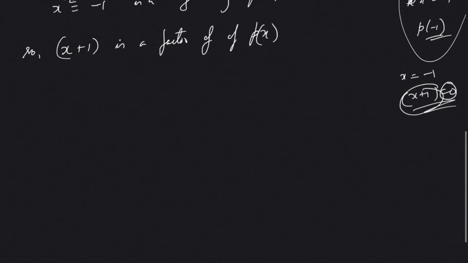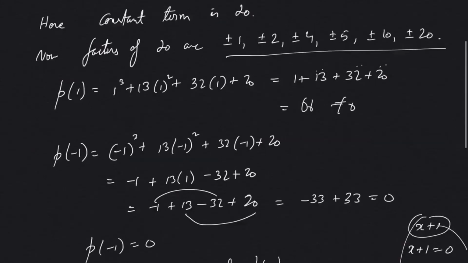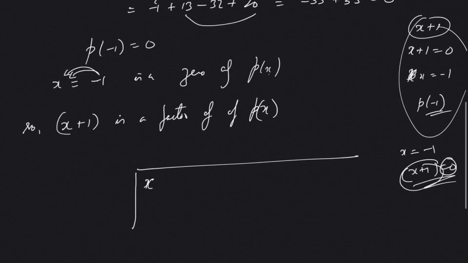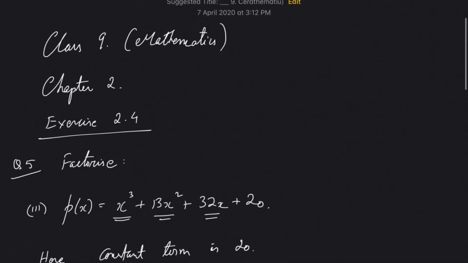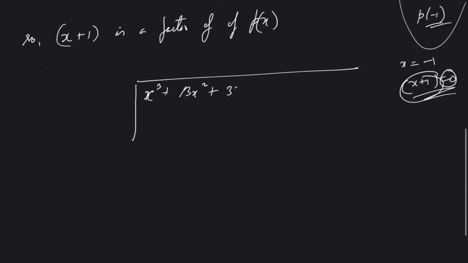So now once your factor is found, you will divide the given polynomial, x cube plus 13x square plus 32x plus 20, by x plus 1. It is a factor, so remember, the remainder should be 0.